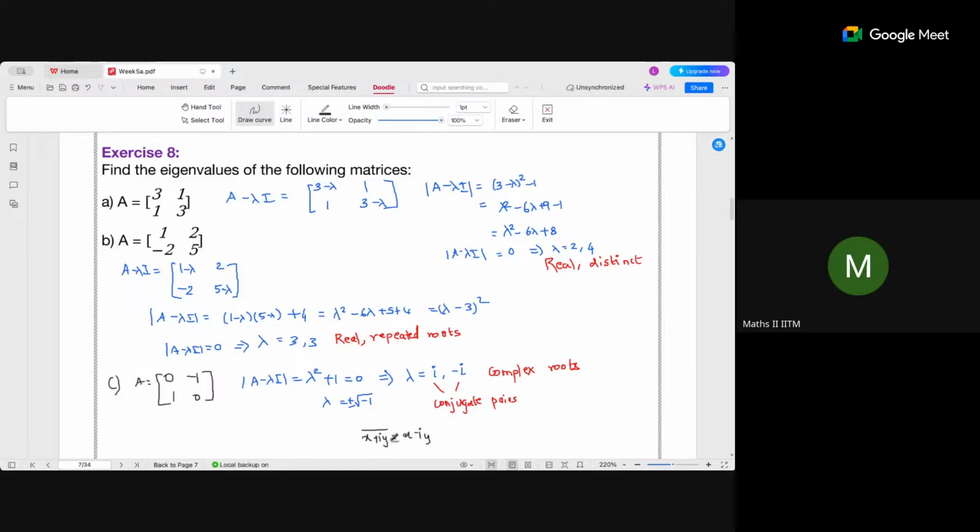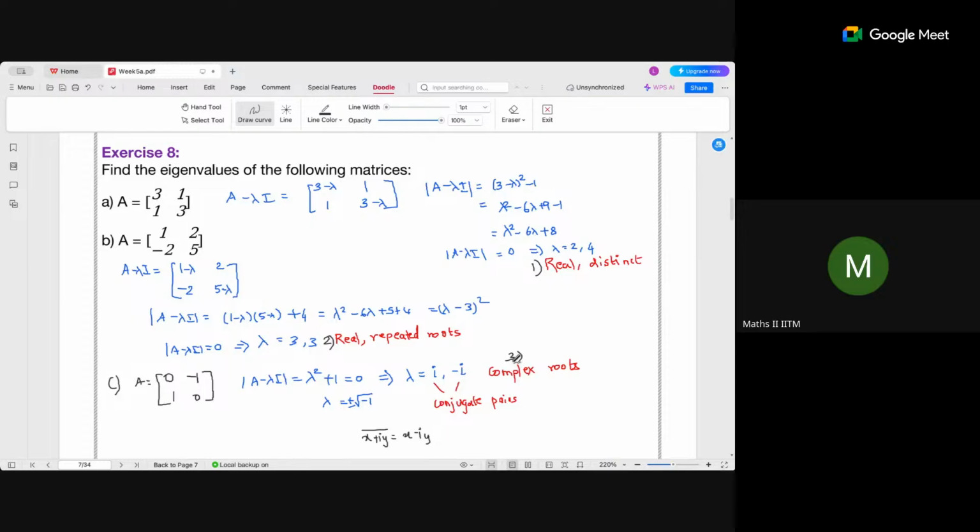So if x plus iy is an eigenvalue, x minus iy will also be an eigenvalue, because complex roots occur in pairs. So what are the three possible scenarios? Either it can be real and distinct, or real and repeated roots, or complex roots. For a 2 by 2 matrix, these are the possible scenarios.